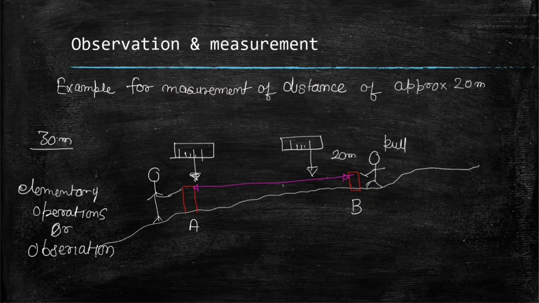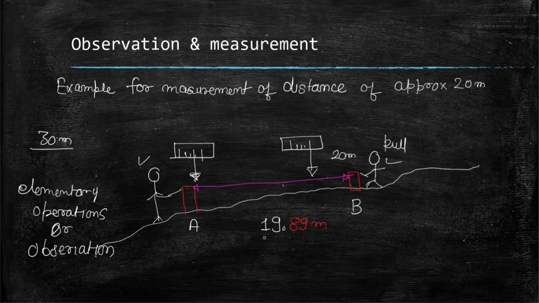These are the elementary operations, or observations, these two persons perform to measure a single distance. Before finally making the measurement, let's say it comes to around 19.889 meters.